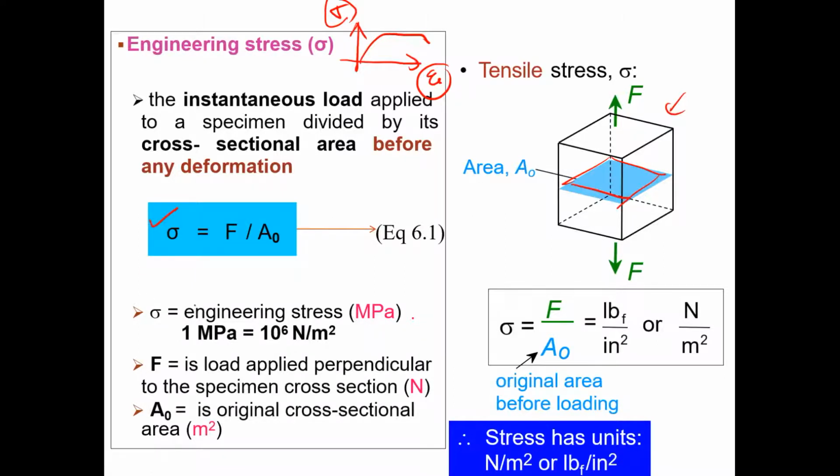The stress unit is 1 megapascal or 10 power 6 Newton per meter squared. Newton refers to your force, and m squared is your area. So F is the load applied perpendicular to the original cross-section area.